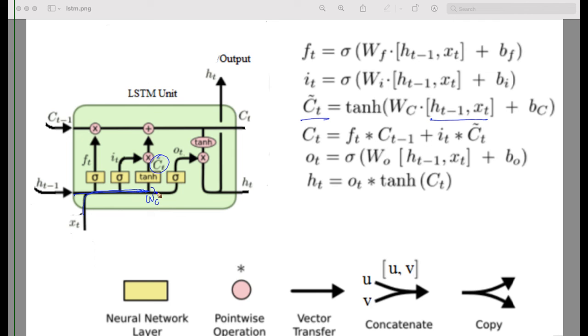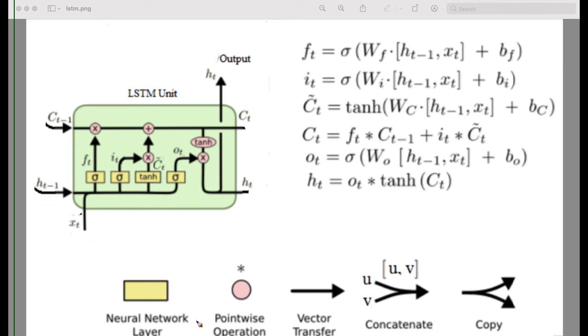And on this we are applying this weight, which we will call WC. So that weight plus this bias, on that we are applying this tanh unit. This is the tanh unit. So this CT tilde is the result of applying tanh on this term.